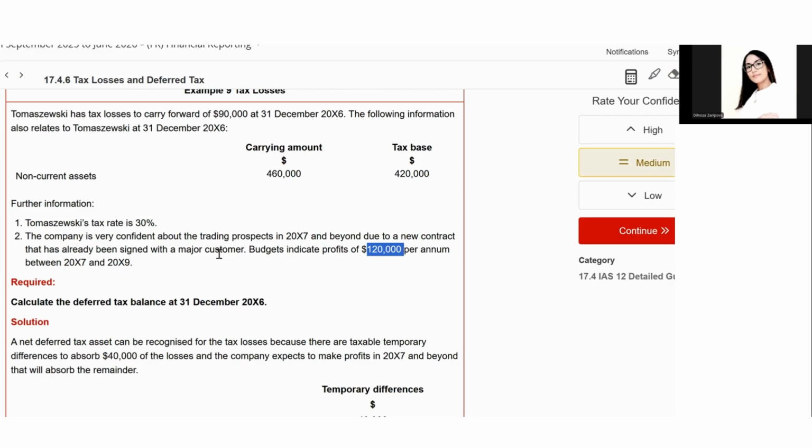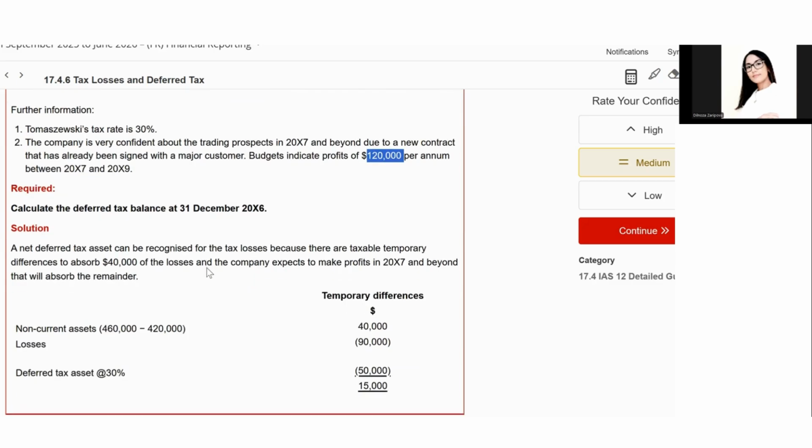If they would say here they are not sure about their future profits, we shouldn't recognize deferred tax assets. Okay. So in this case, we're going to have deferred tax asset, right? Because non-current assets minus 4,200. We're going to have 40,000, and then we have losses, right?